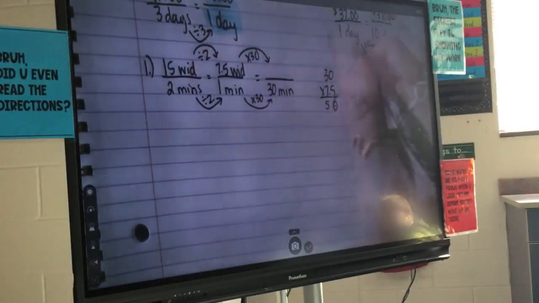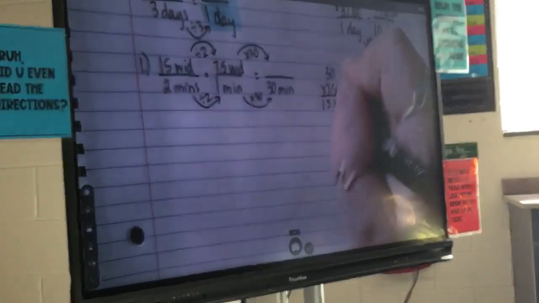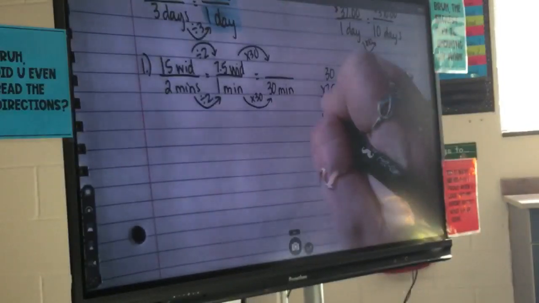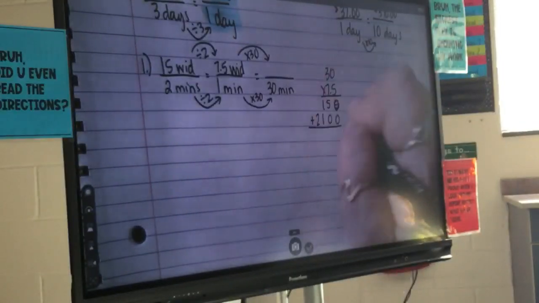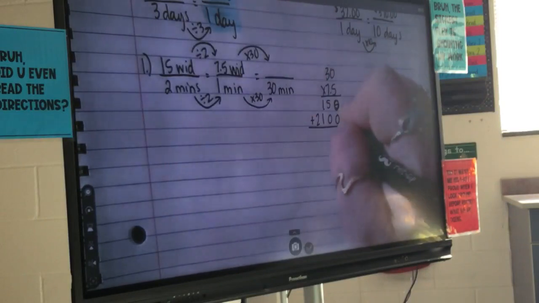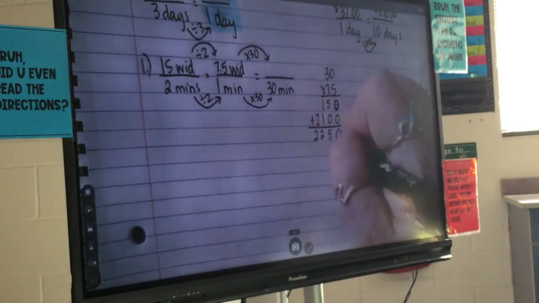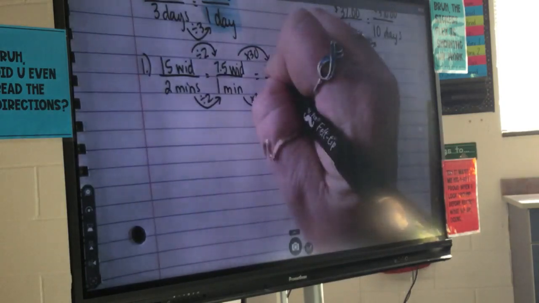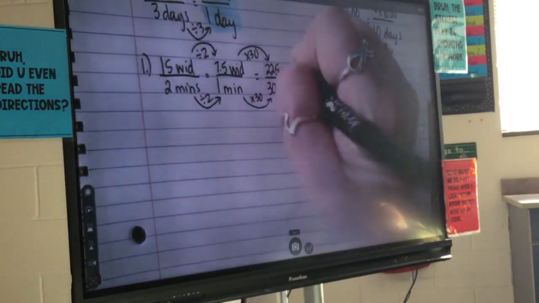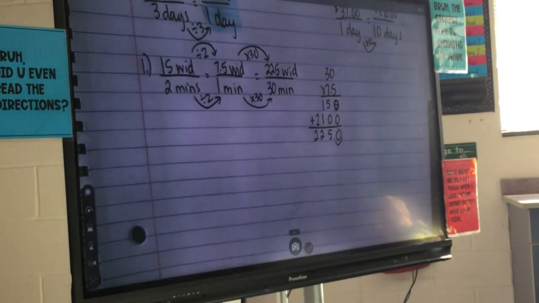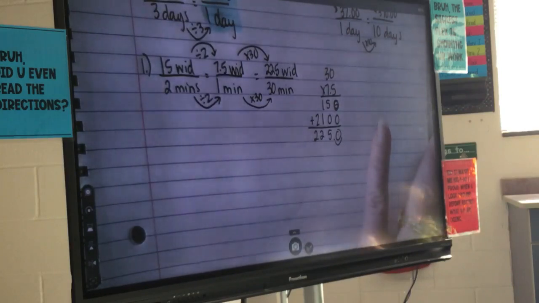Sorry, I can't do math today. So you should end up with 225 wedges in 30 minutes. So that should be your answer. You can write your answer on your piece of paper, but your work is done in your notebook.